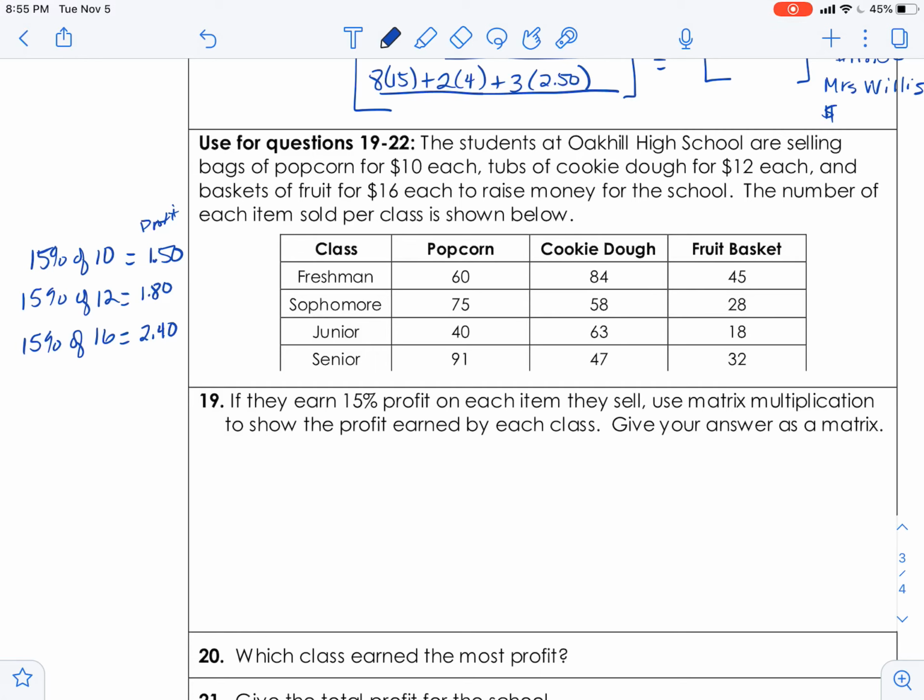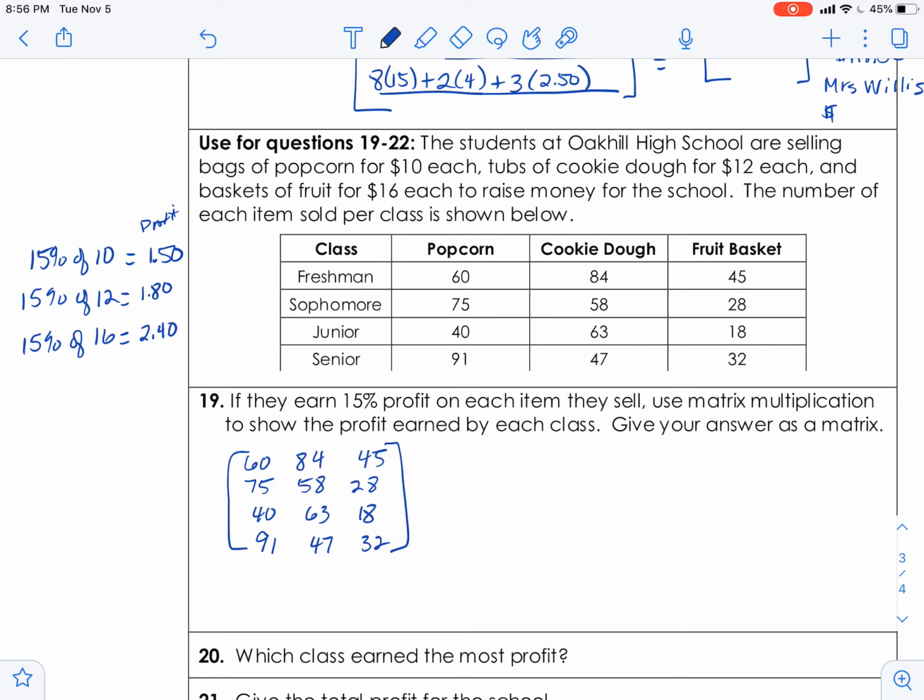So the question is, when I go to set this up, let's call this first one here matrix A. And I've got 60, 84, 45, 75, 58, 28. Oops, I did not make that big enough. 40, 63, 18, 91, 47, 32.